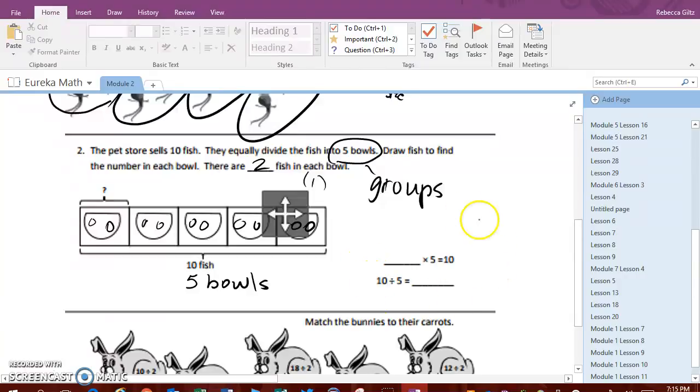Now if I turn that into a multiplication sentence and a division sentence, this number here is still always my number of groups. And look at that. They switched it around. They seem to think that since we know the commutative property, we can just flip it. Okay?